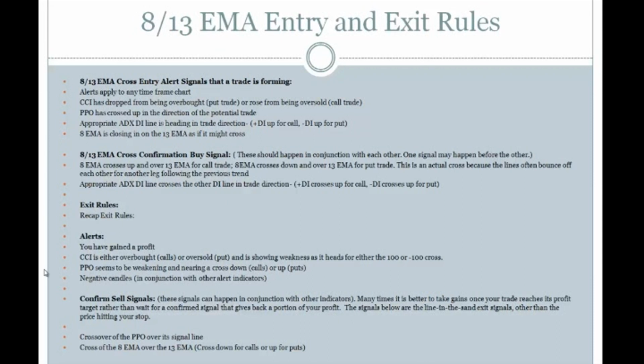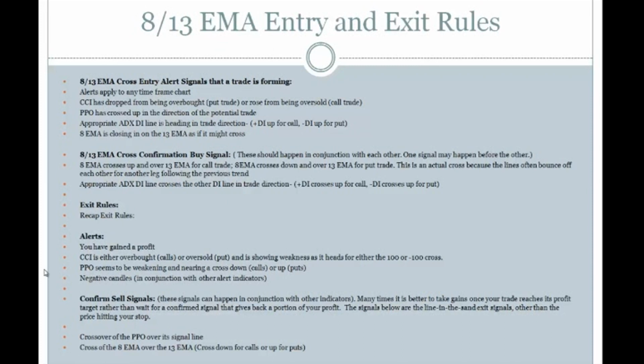It's not a bounce off of the line. You want to see the line cross and a little white space. And then you also want to have the ADX DI line to be heading and crossing in the direction of your trade. So the plus DI crosses up for a call, or it crosses down for a put.